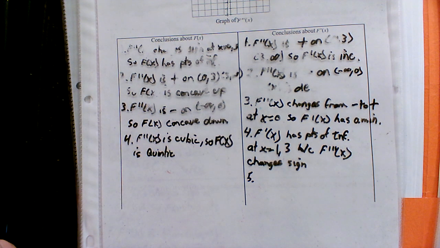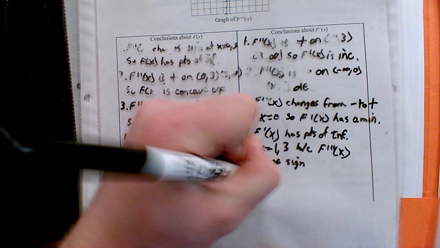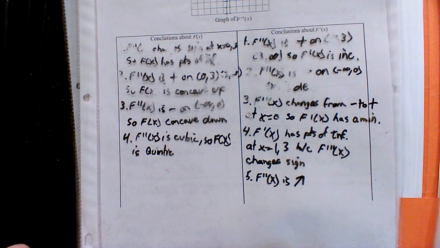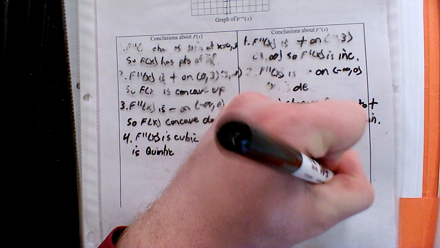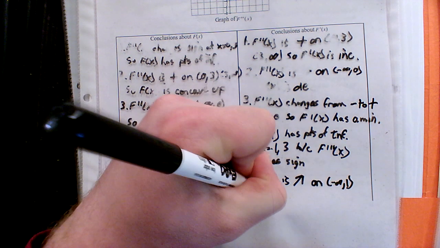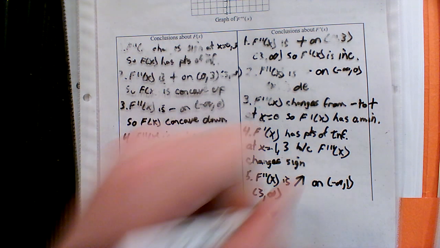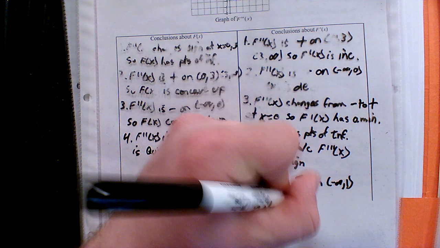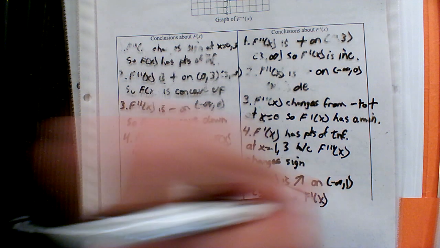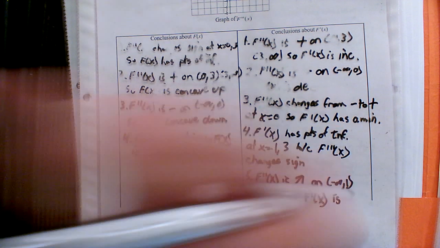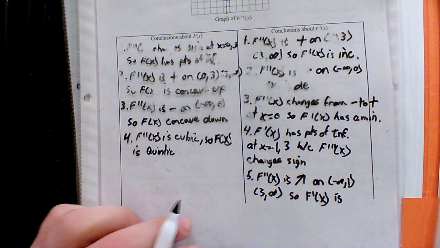All right, we have 2 left. So the second derivative, f double prime of x, is increasing. So I'm just going to put an arrow pointing up. It's increasing on negative infinity to 1 and 3 to positive infinity. It's increasing. So f prime of x is what?